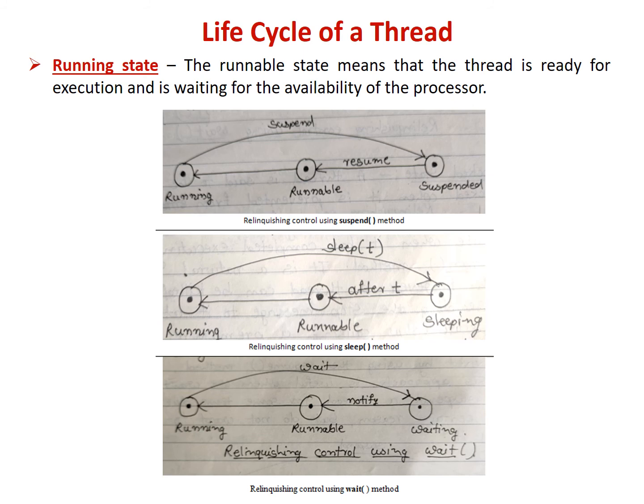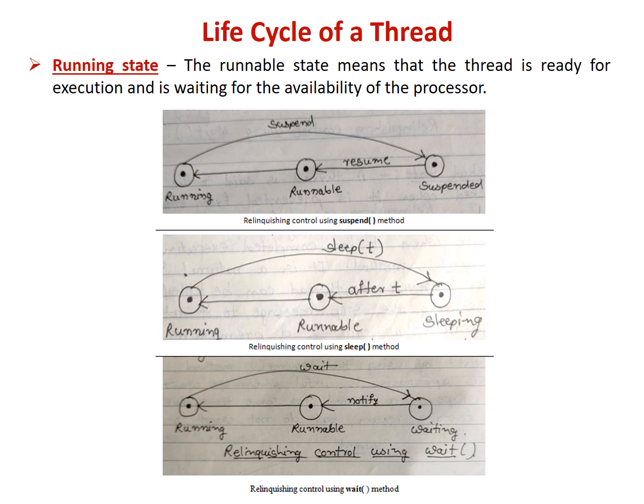The first one, it has been suspended using the suspend method. A suspended thread can be revived by using the resume method. This approach is useful when we want to suspend a thread for some time due to certain reason but not want to kill it. Second, it has been made to sleep.